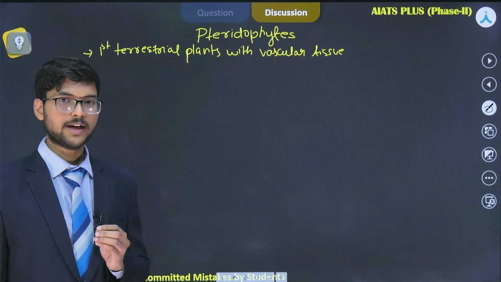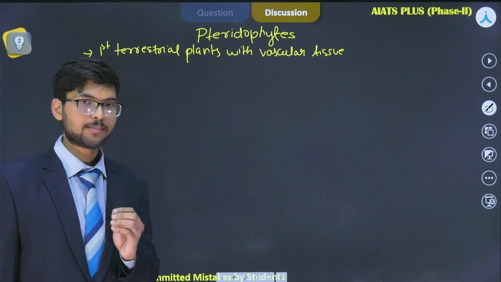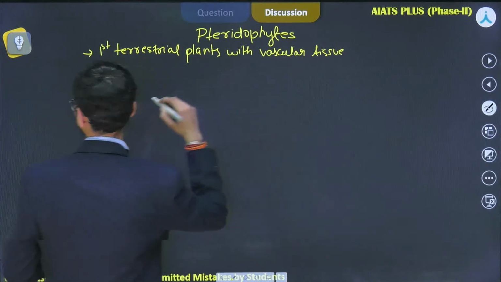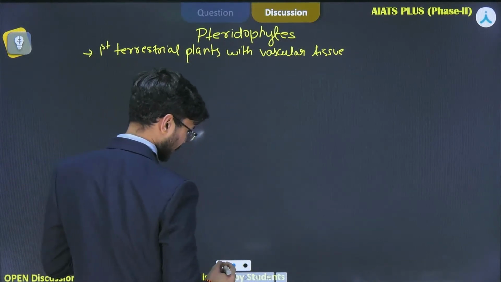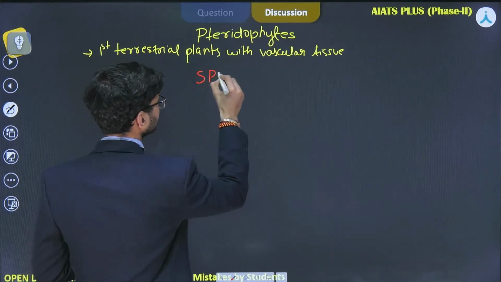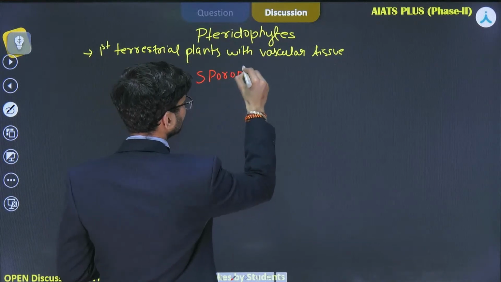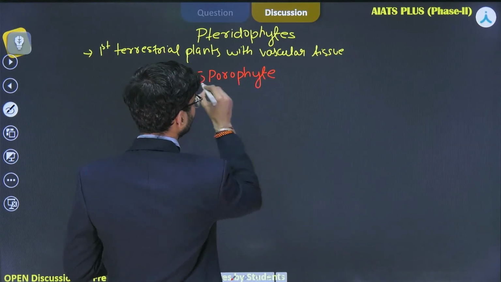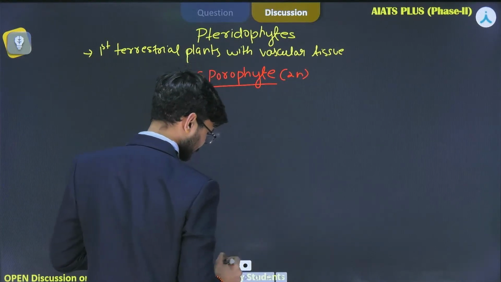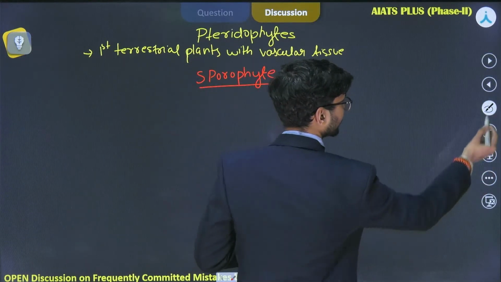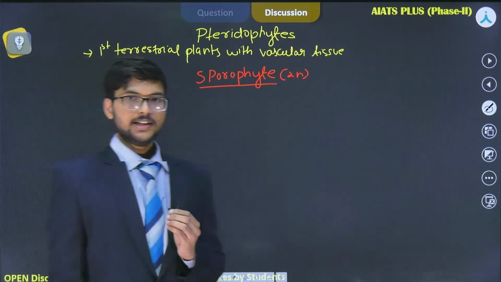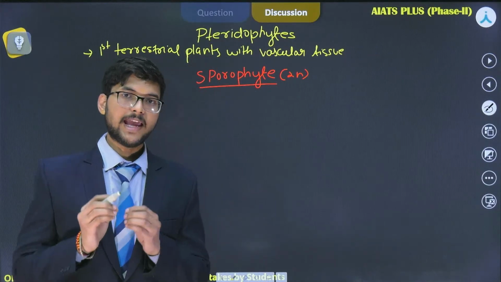Now as you have seen in the previous life cycle of bryophytes, the main plant body was gametophytic, but in case of pteridophytes you will find that the main plant body is diploid and sporophytic. Now the sporophyte body consists of true root, stem and leaf structures.